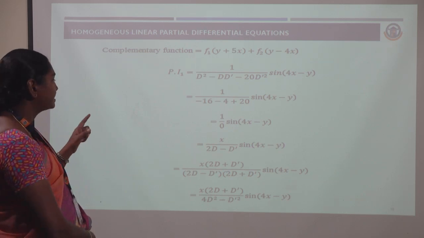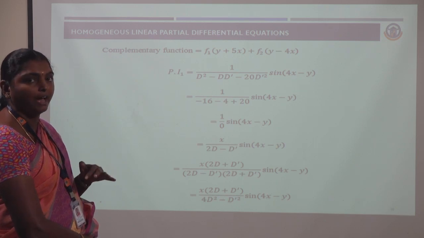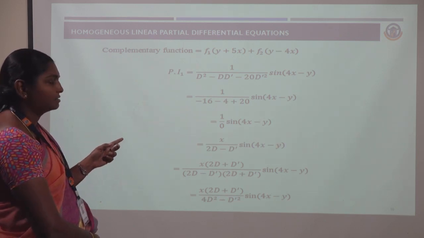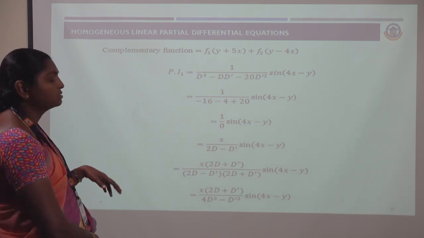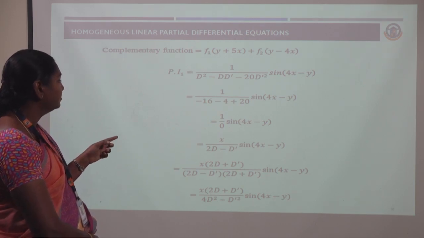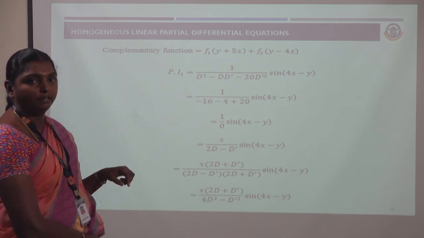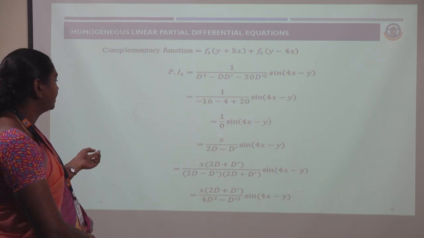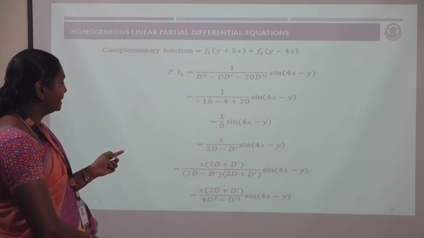Next, in the sine terms only, you must use D square and D dash square. Here we get D and D dash, so you must convert it into squares. So you must use the conjugate: 2D plus D dash in numerator and denominator you must multiply. Then we get the denominator as 2D minus D dash into 2D plus D dash.